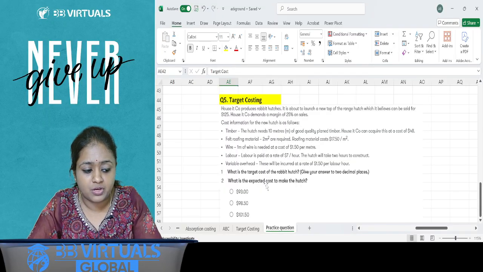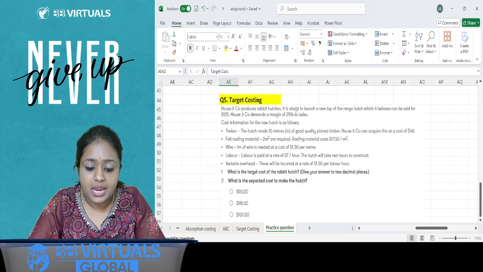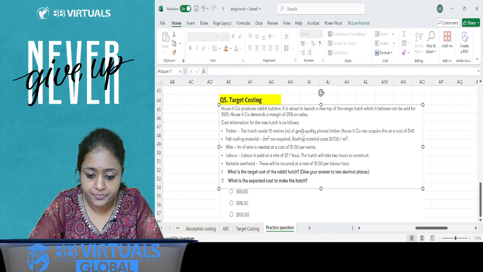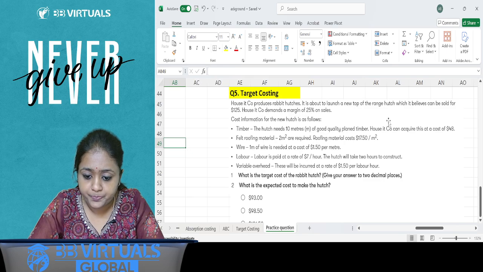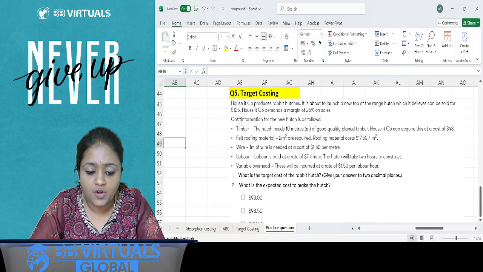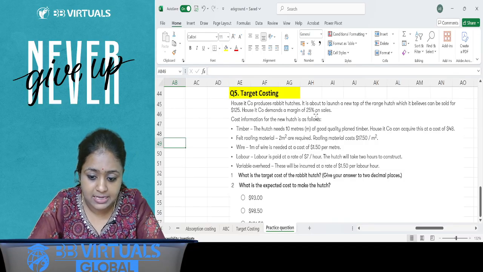Houseit company produces rabbit hutches. It is about to launch a new type of hutch which it believes can be sold for $125. Houseit company demands a margin of 25% on sales. So this is very easy.